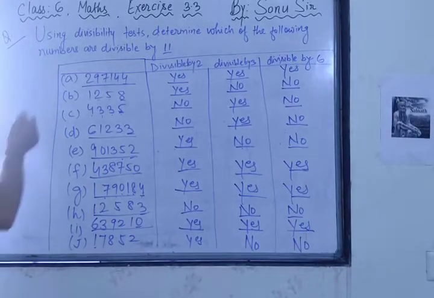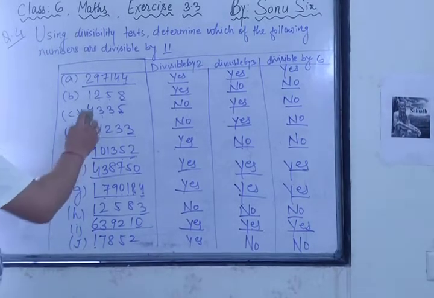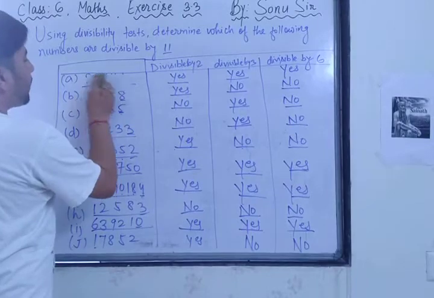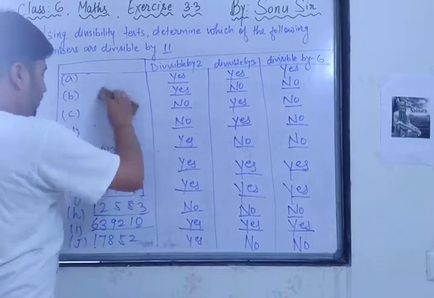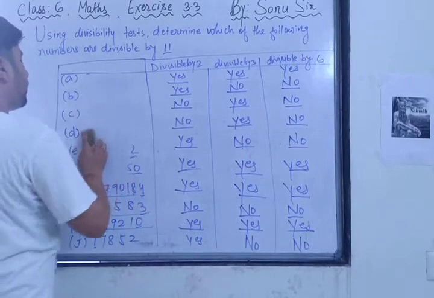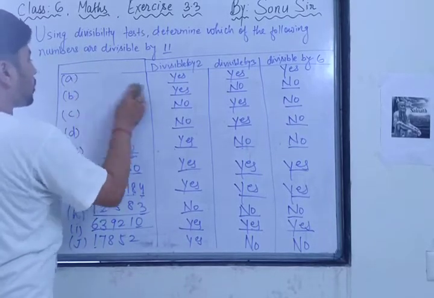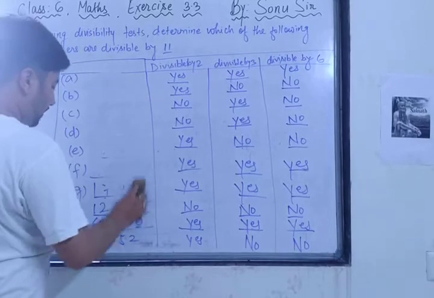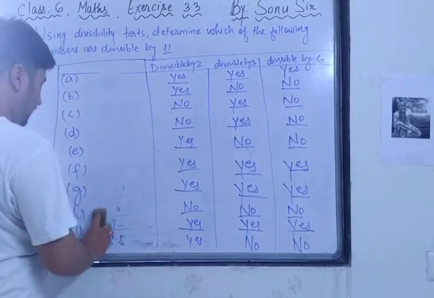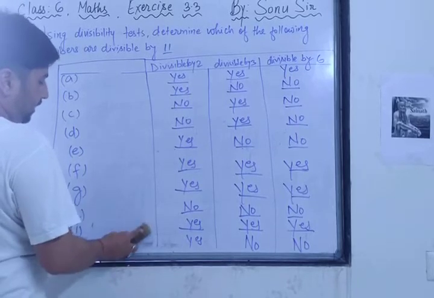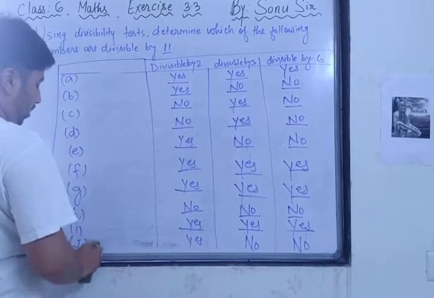So, as you have seen in question number 4, using the divisibility test, determine which of the following numbers are divisible by 11. So, what is the rule of divisibility by 11? Can you tell me? I hope all of you have learned about the divisibility test of 11. The rule is that the difference between the sum of the odd-place digits and the sum of the even-place digits must be divisible by 11.